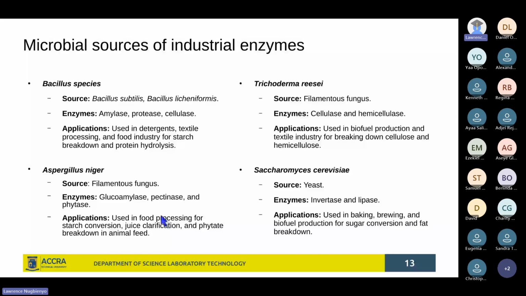You first prepare a culture of these microorganisms, and then you introduce that microorganism into a bioprocessor, which is a larger environment, a larger container, and those factors that we talked about: pH, temperature, concentration of the substrate, that is the feedstock, what you put in there for the bacteria to feed on.